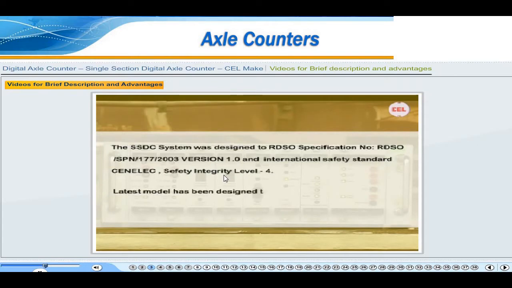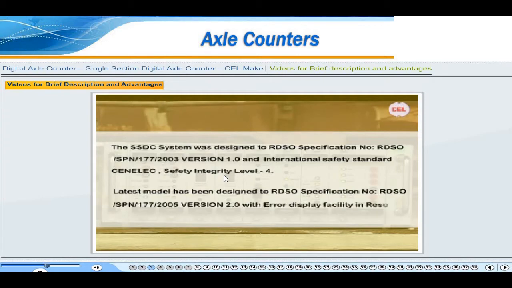The latest model has been designed to RDSO specification number RDSO SPN 177/2005 version 2, with error display facility in the reset box.